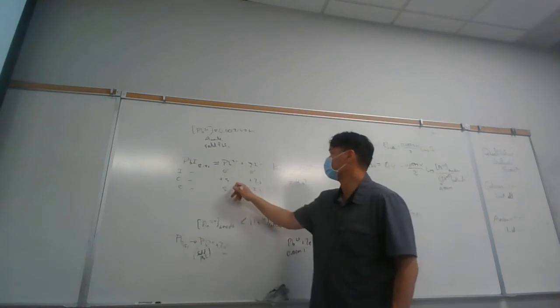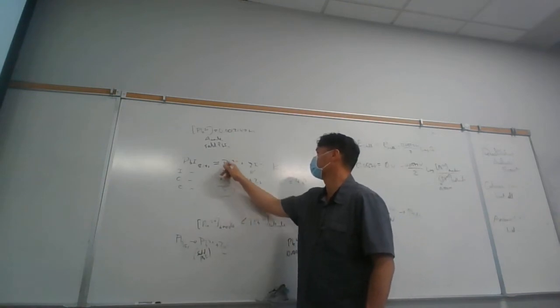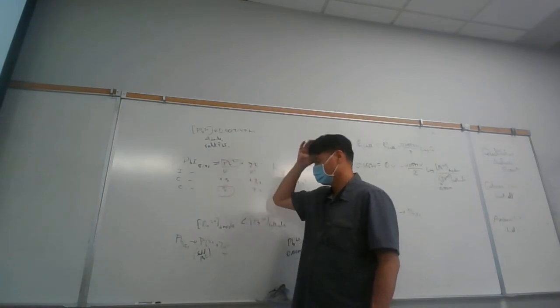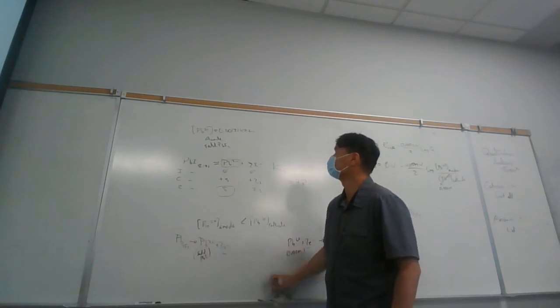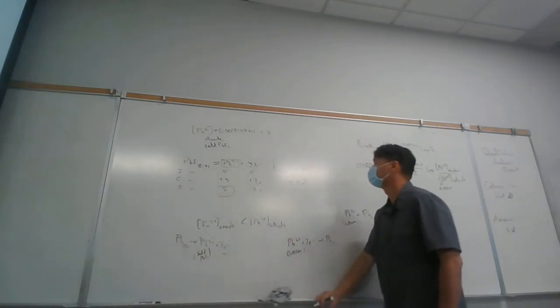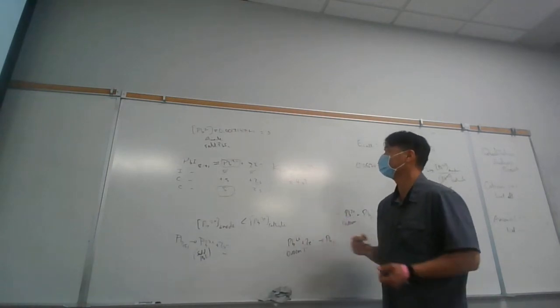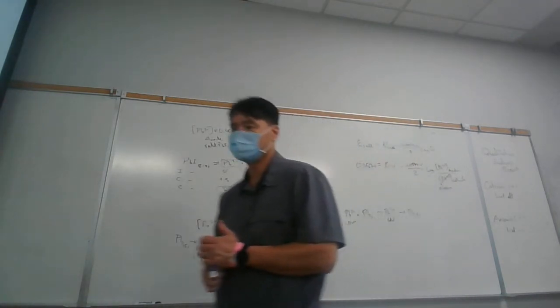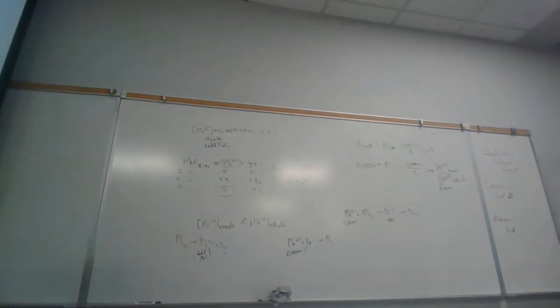Well, S is the same as the lead concentration here in the saturated solution. So we can plug that in here and solve for the KSP. I'm going to take the S and then cube that times 4.